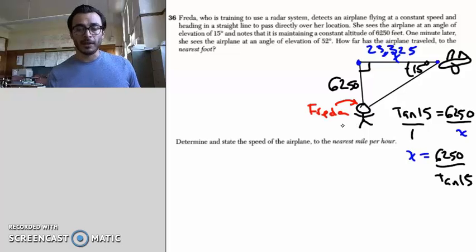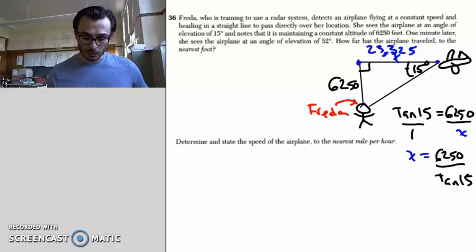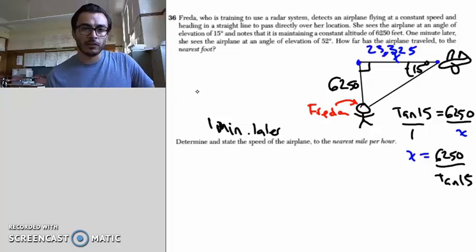Now, 1 minute later, so we got this scenario when it first starts off, and then we have another scenario for 1 minute later. Fred is still on the ground, and the plane is still flying at that altitude of 6,250.